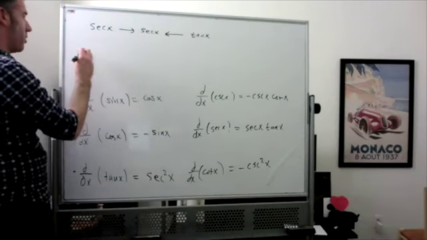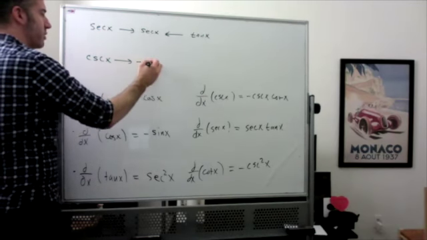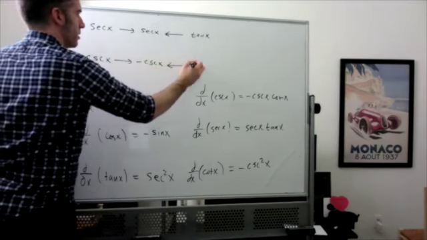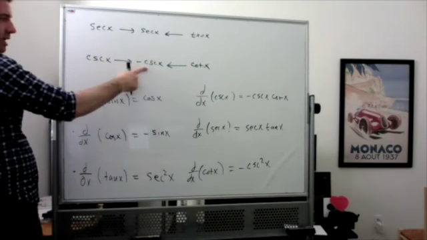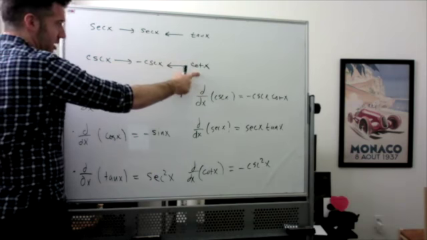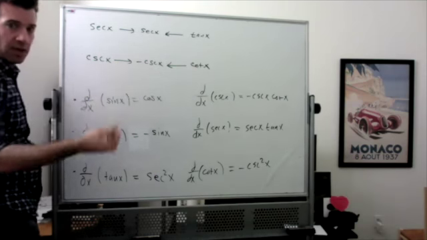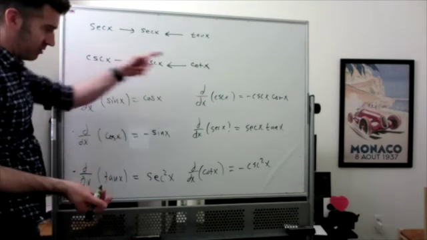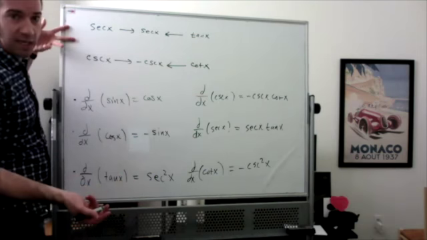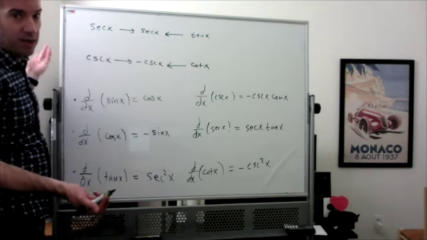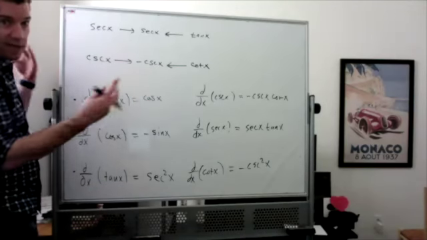It also works if you do cosecant x, negative cosecant x, cotangent x. The derivative of cosecant is negative cosecant x times cotangent x. The derivative of cotangent x is negative cosecant x times cosecant x. This doesn't work well for everybody. I just remember this because I've done it a bajillion times. But this is kind of slick, I think. It takes up less space to write out, and it tells you 4 derivatives in one shot. So there's also that if you like it. You don't have to use it.